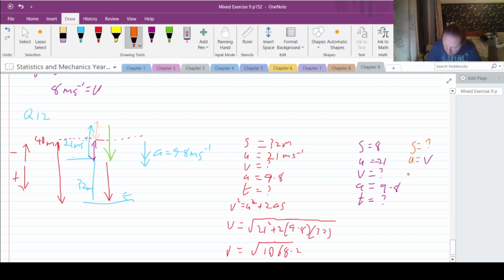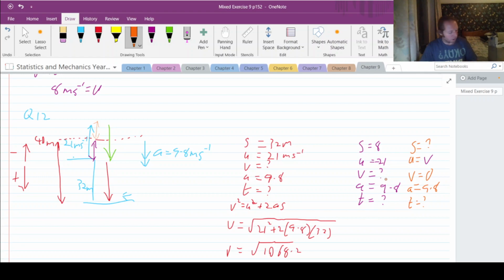My final speed will be 0. My acceleration will be 9.8, and my time I don't know. But by using this purple suvat, I can find that final velocity, which then can lead into this orange suvat and give me the time.